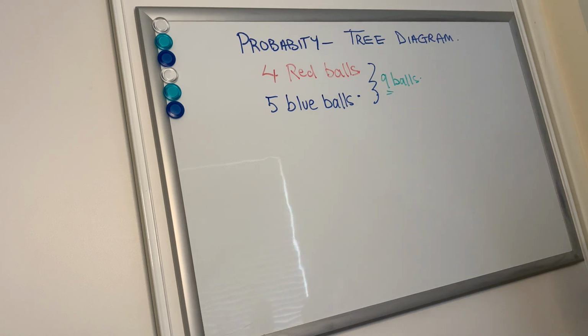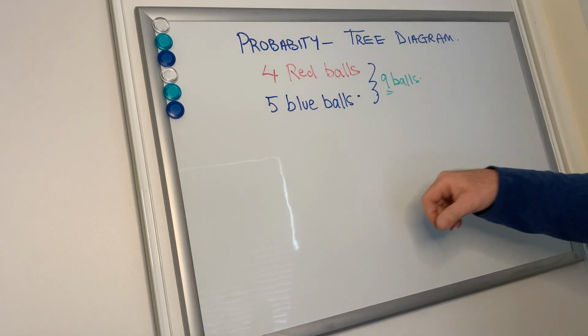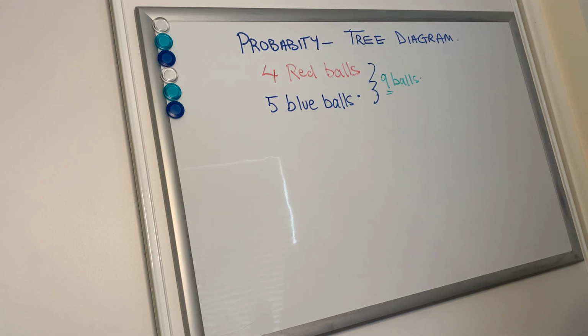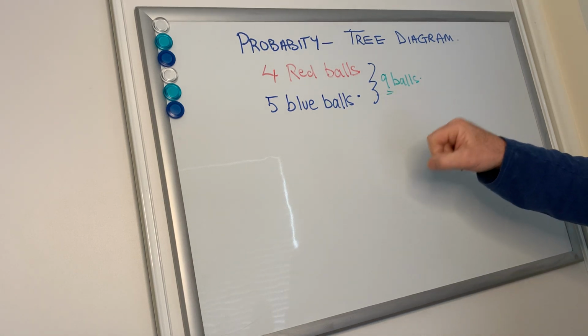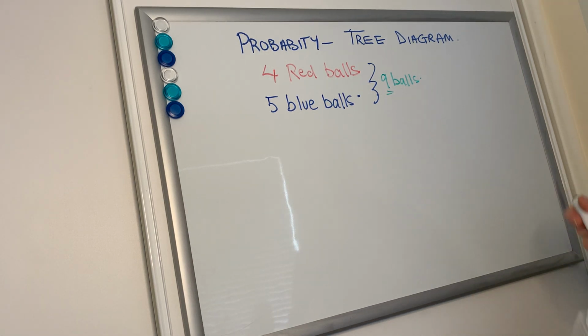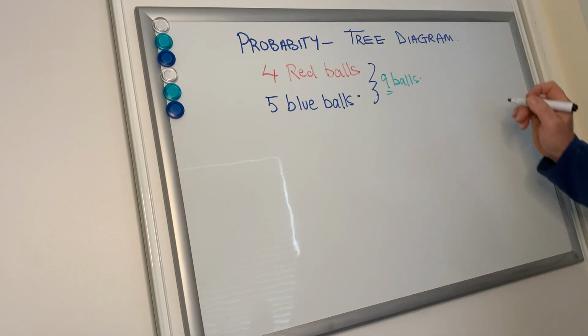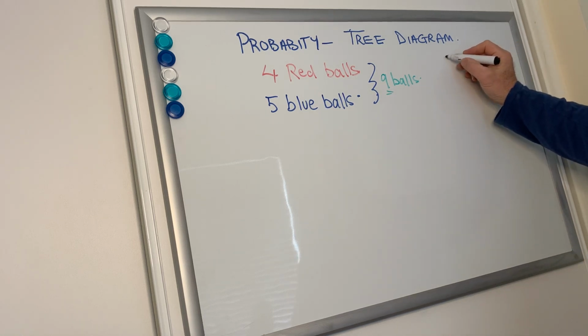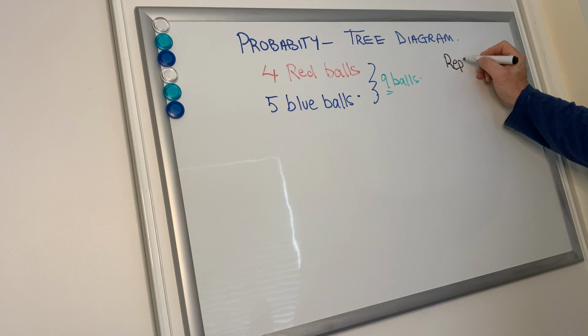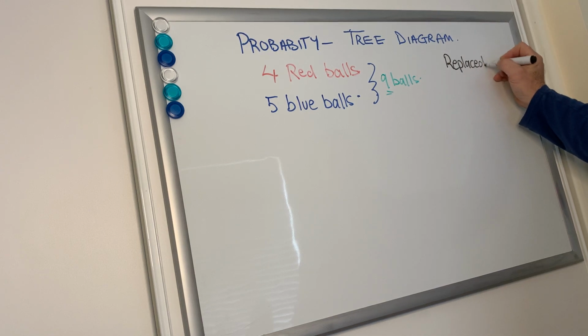Now let's say we chose a scenario where we had 2 events where we pick 1 ball from one event, and then we replace the ball and we have a second event. So in other words, we've got a replaced ball scenario.